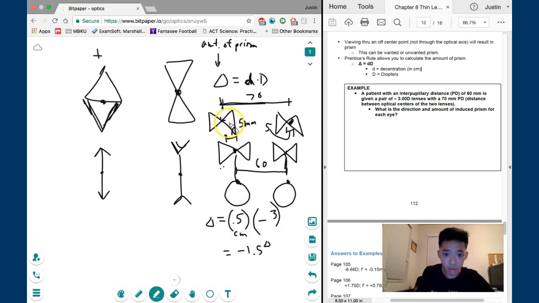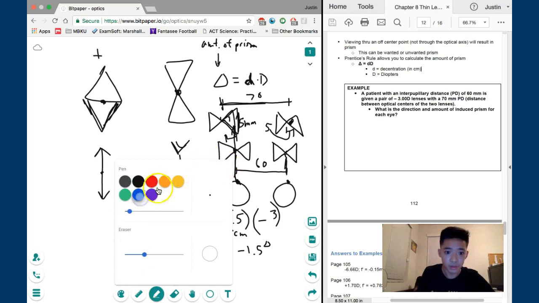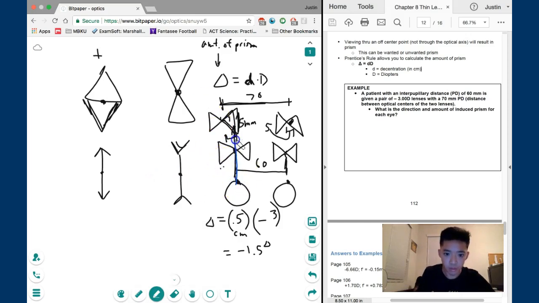And what base are they looking through? If you can visualize this triangle, they're looking through this triangle, and that's base in.